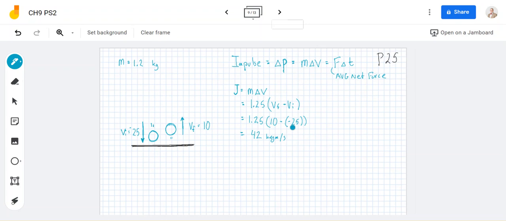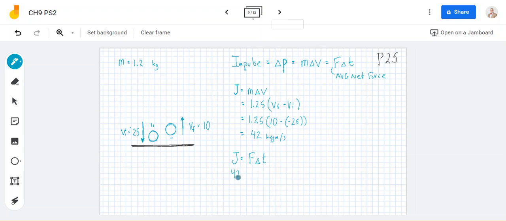Now, if the ball is in contact with the floor for 0.02 seconds, what's the magnitude of the average force from the floor on the ball? Okay. So, if I look at this here, the impulse is also equal to the F delta t.